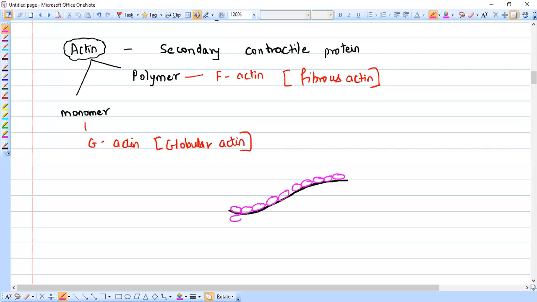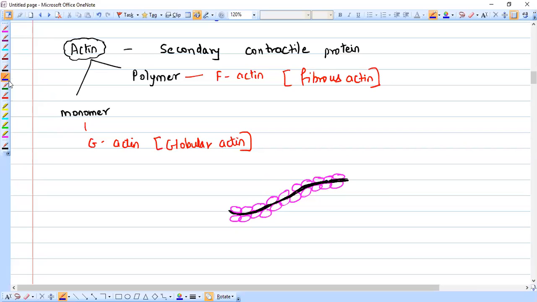This is how the actin is going to appear, and troponin will be there. I draw this line. This is a very important line because this is the fiber which is binding all the troponin and the tropomyosin. So we got this.